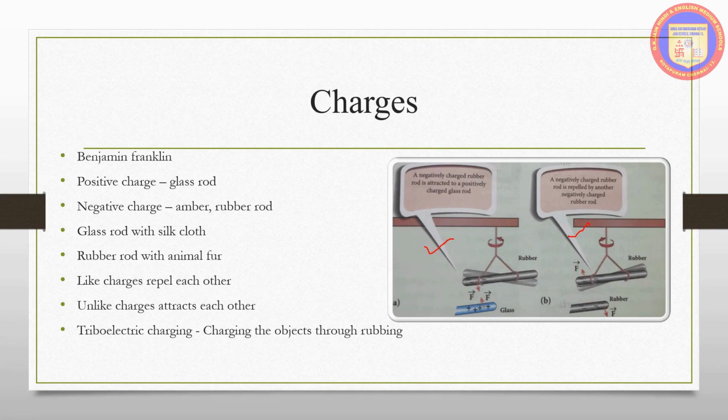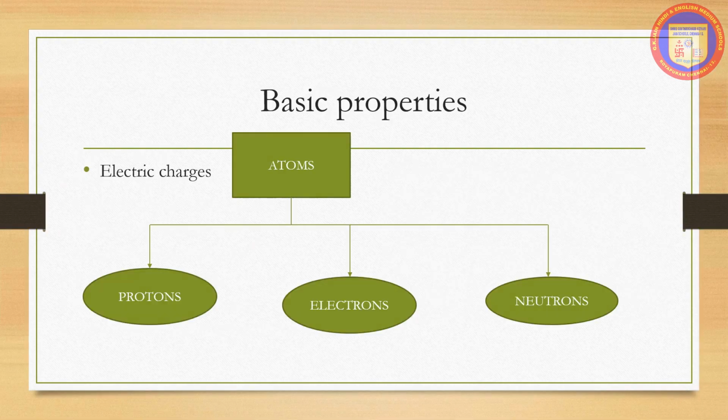Benjamin Franklin called one type of charge, that of the glass rod rubbed with silk cloth, positive charge, and the other, that of amber rubbed with animal fur, negative charge.